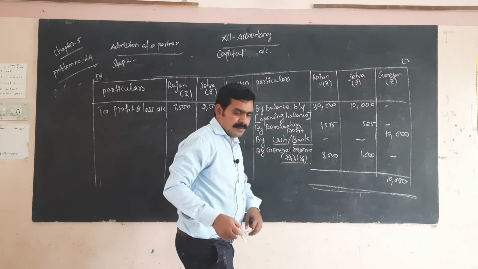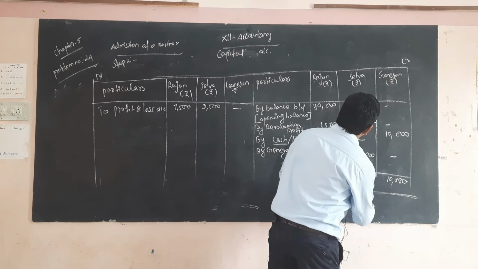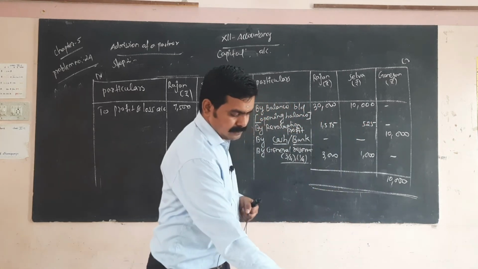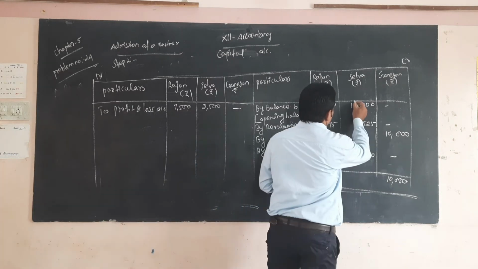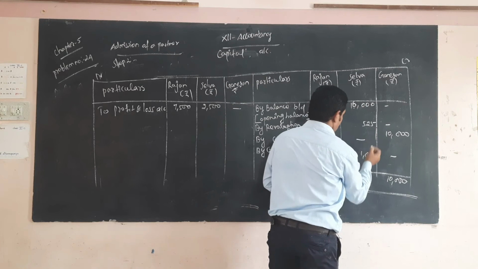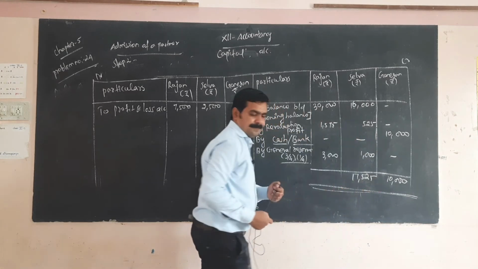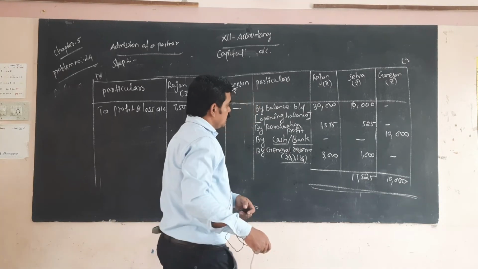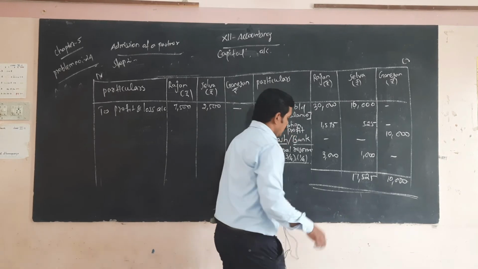Next, 17,525. So here 16,000, 17,525, and here 34,525.